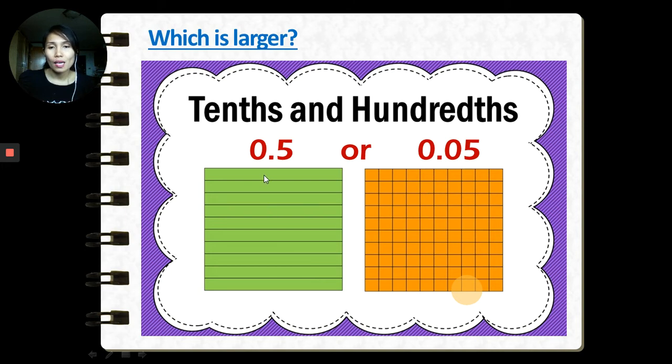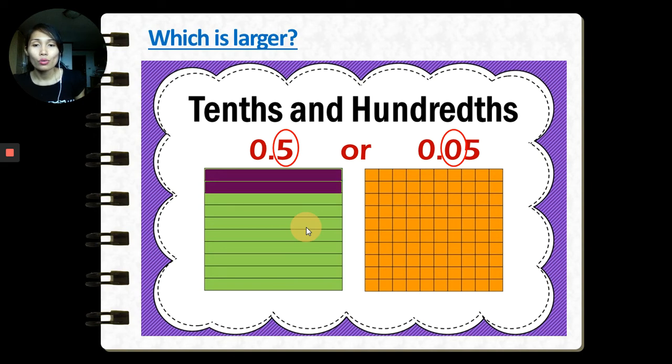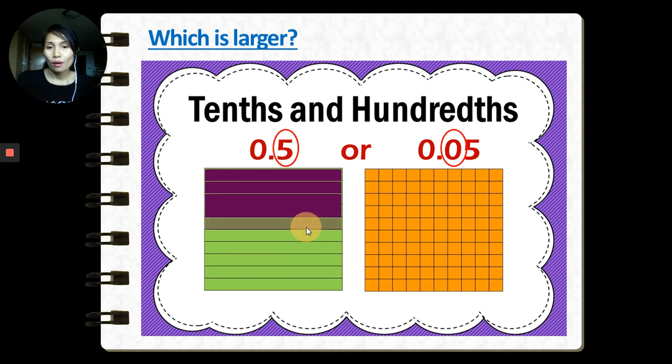So let's see which one is bigger. Let's start with the tenths, 5 tenths. So let's mark the 5 tenths, 1, 2, 3, 4, 5. That's the 5 tenths. It's half of the figure because this is tenths, right? And half of 10 is 5.